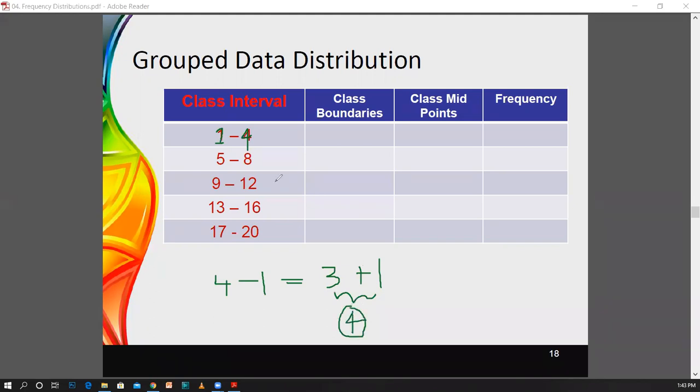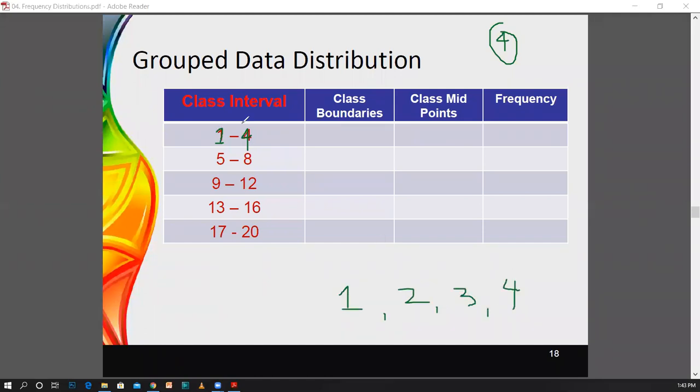Or else, without worrying much about these things, you can simply say, since it is starting from 1, there should be 4 units. Since you have identified the class width as 4, you may have the values 1, 2, 3, and 4 inside this first class interval.